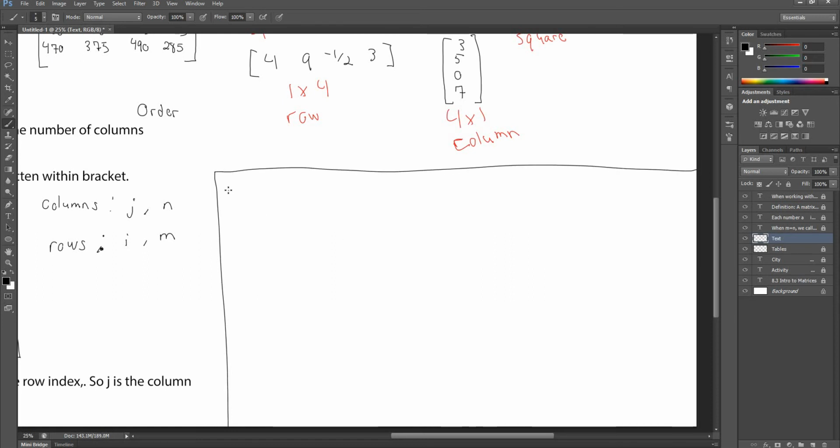If I had a system of equations, 3x plus 4y equals 1, x minus 2y is equal to 7, I can still represent this where each row would be an equation and each column would be a variable or the solution. To represent these, I always have to have my variables on the left and my constant on the right, and we use what is known as an augmented matrix.